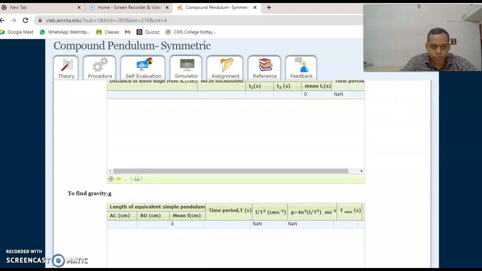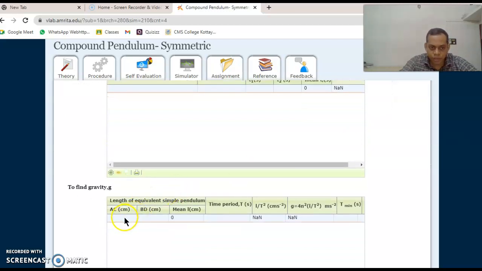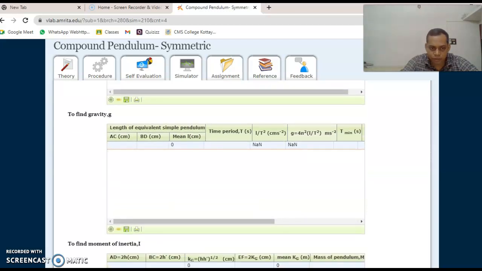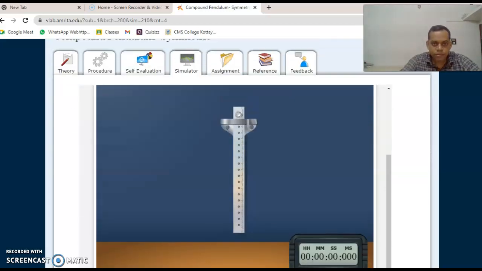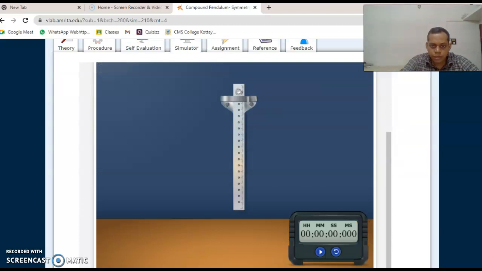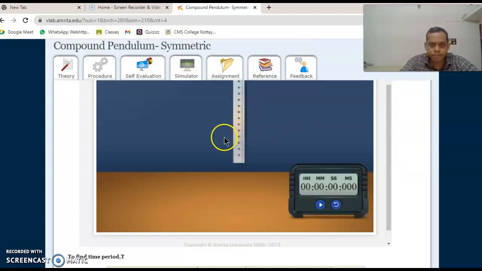From this we will be drawing a graph just like we have already discussed, and we will be calculating the length of the equivalent pendulum, and from that we will be calculating the acceleration due to gravity. So let's start the experiment.